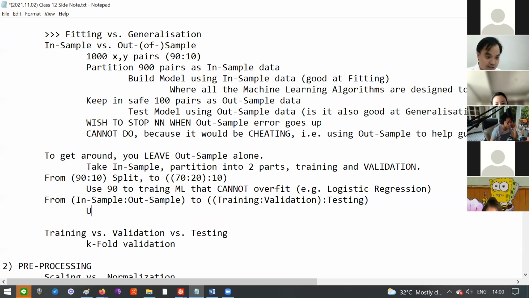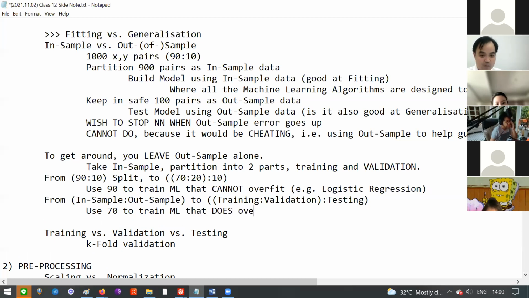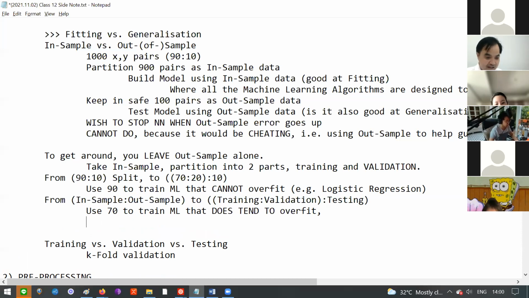And then you would use 70% to train ML that does overfit, and use 20% to stop ML from overfitting.